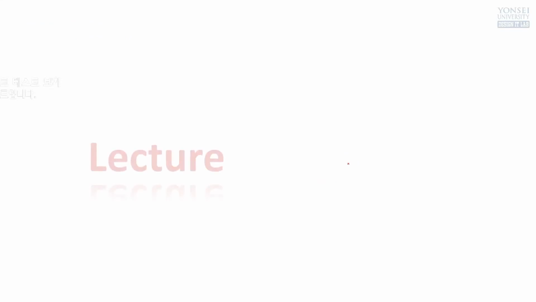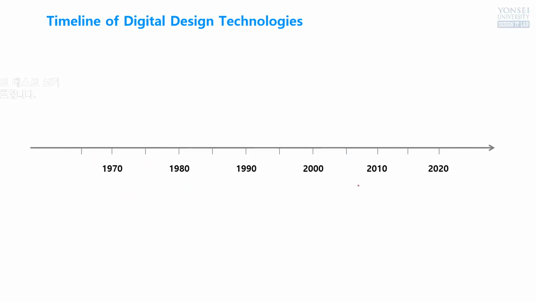Let's take a look at this timeline again. I told you before, at the beginning of this class, I simply told you that our history, I mean digital design technologies history, is not that old, okay?